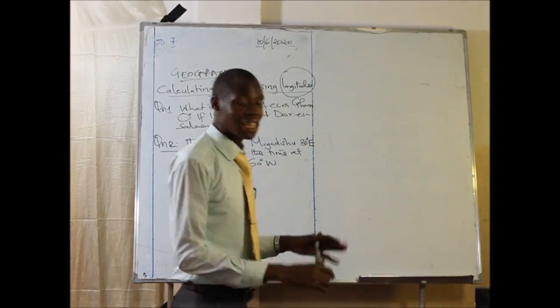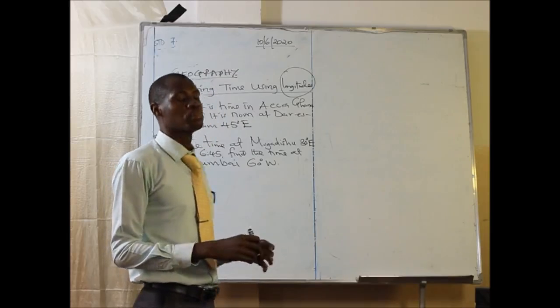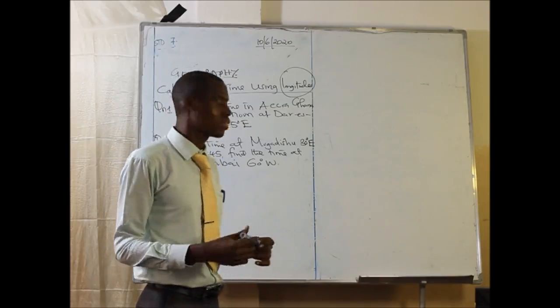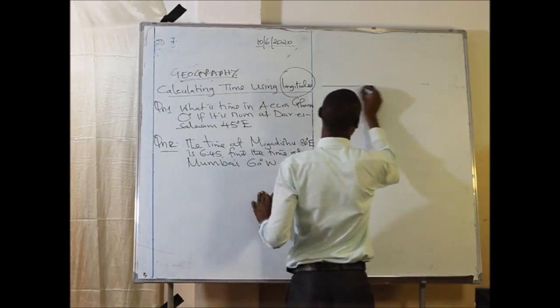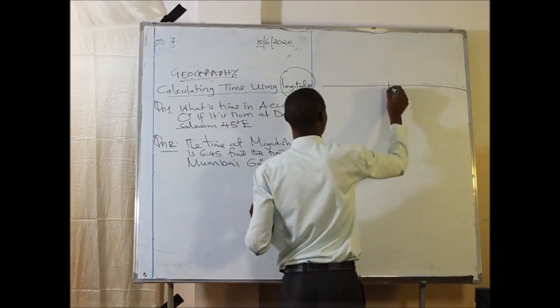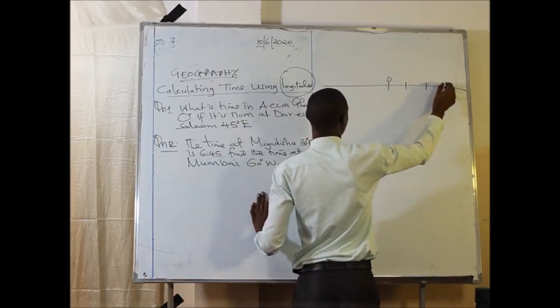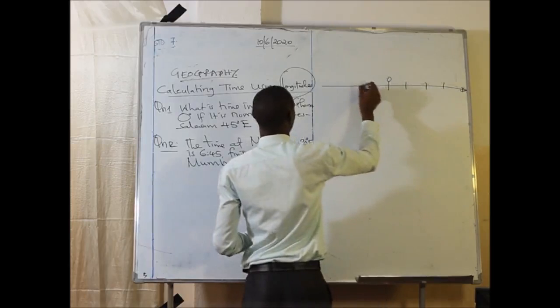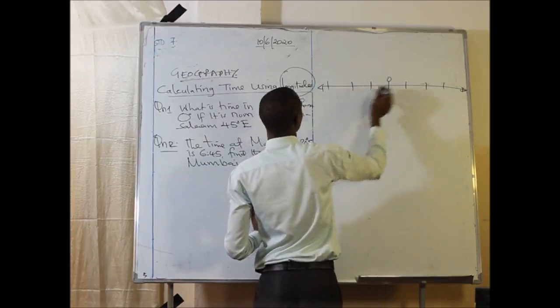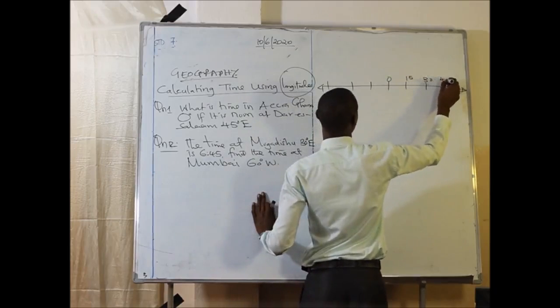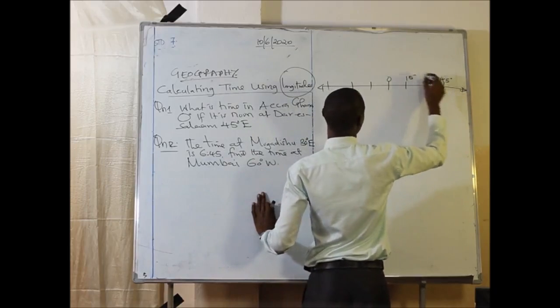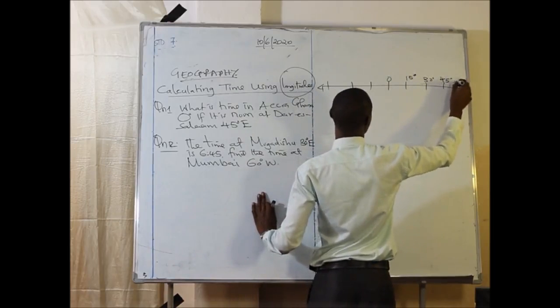Using the lines of longitude to calculate or identify time, we can just draw a timeline by saying that this is 0 degrees. This is 15, 30, 45 degrees, and this is east.